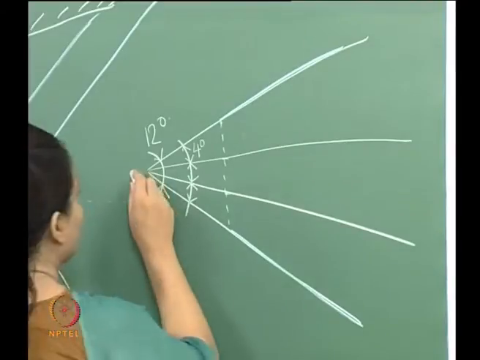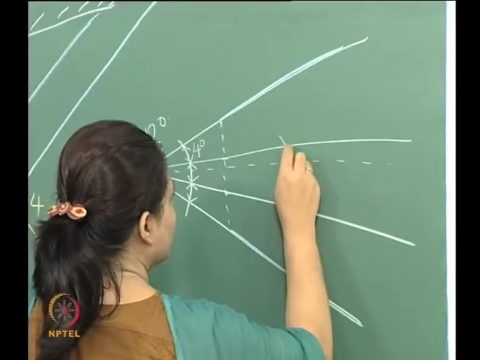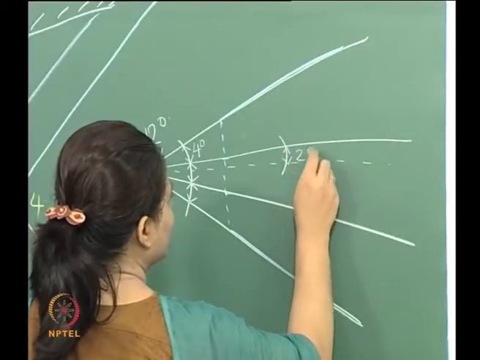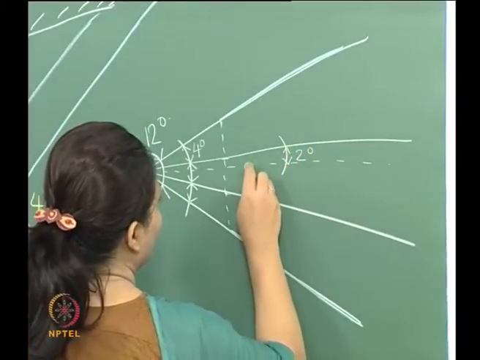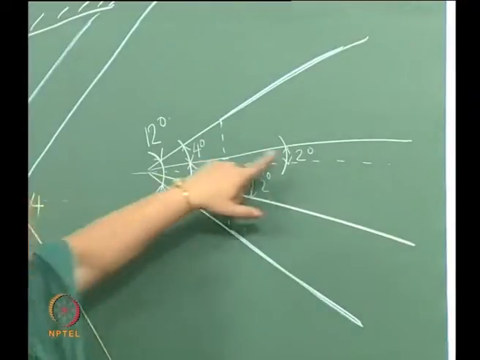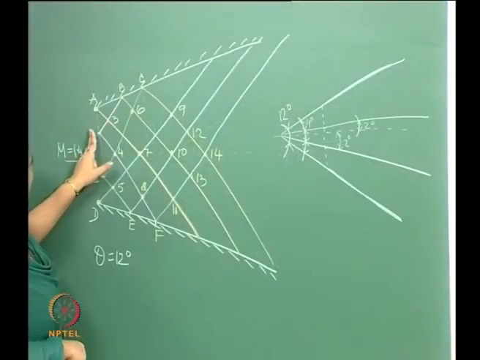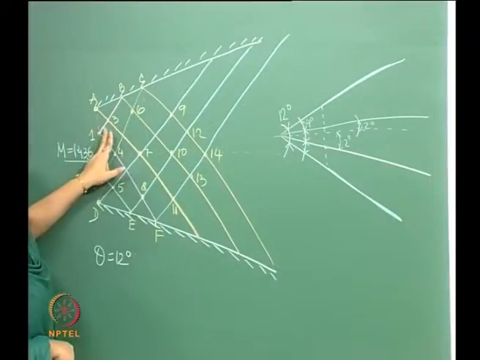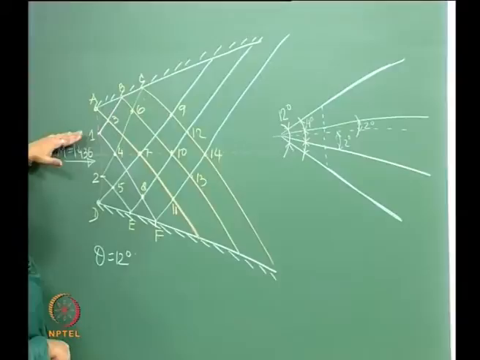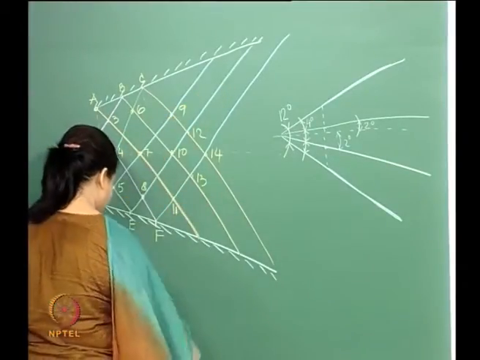So therefore now this is 2 degrees, and okay, you can see my artwork is not symmetric, please bear with me. Okay, so essentially this is the streamline, which is going to sort of become curved, it's not going to be a straight line. So bear with me, okay.